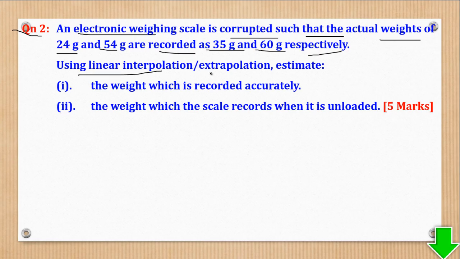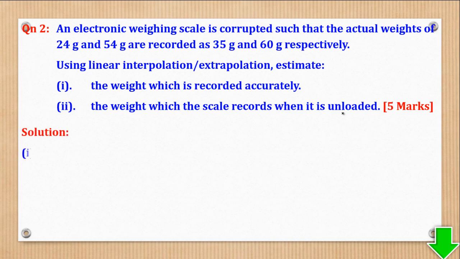Using linear interpolation or extrapolation, estimate Roman 1, the weight which is recorded accurately, and Roman 2, the weight which the scale records when it is unloaded. So that is interpolation and extrapolation.